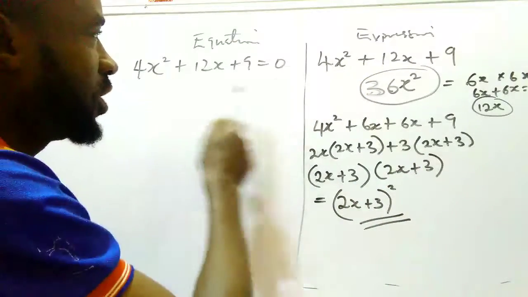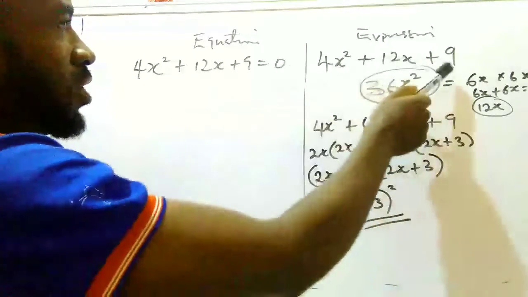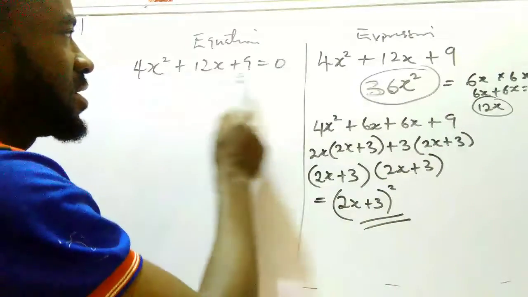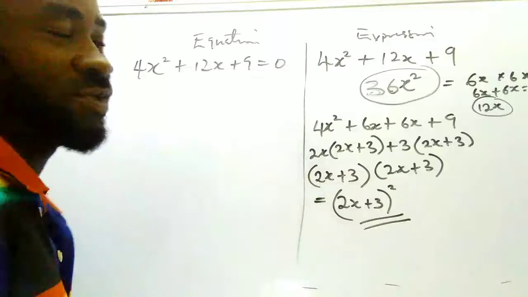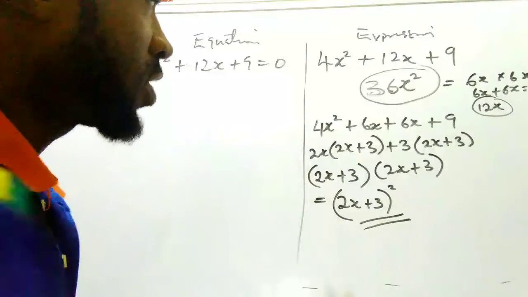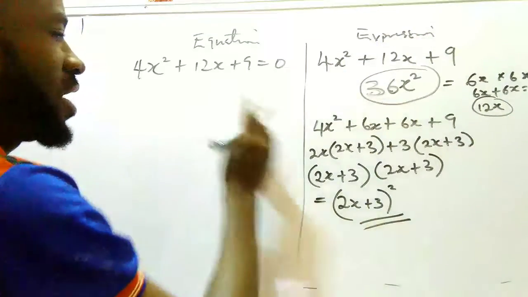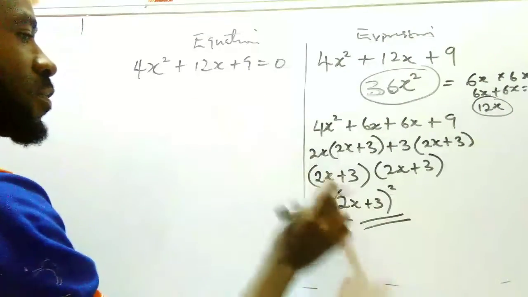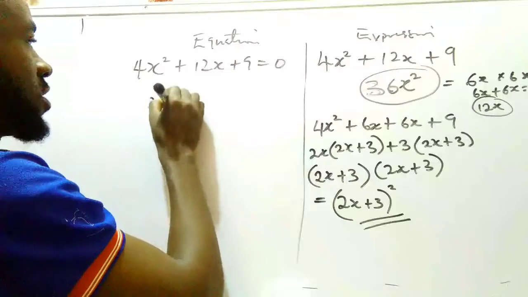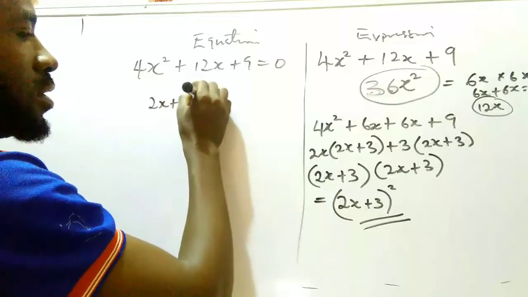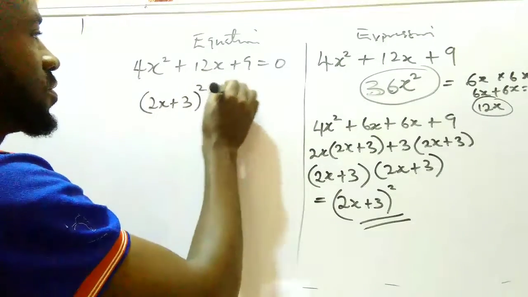So this is our factorization of this expression. Now for an equation like this, you can see these two are almost the same. The difference is that we are having equal to 0. Okay, so we follow the same process and arrive at 2x plus 3 all squared equal to 0.